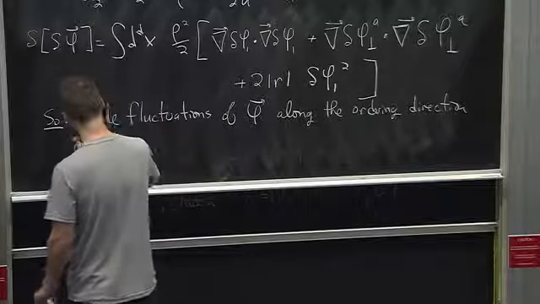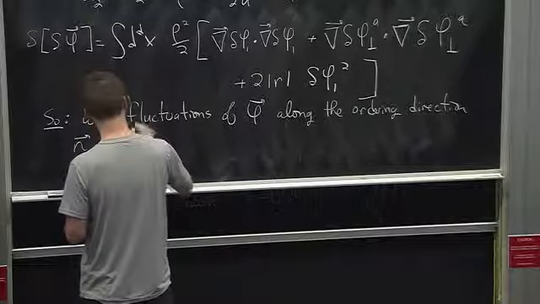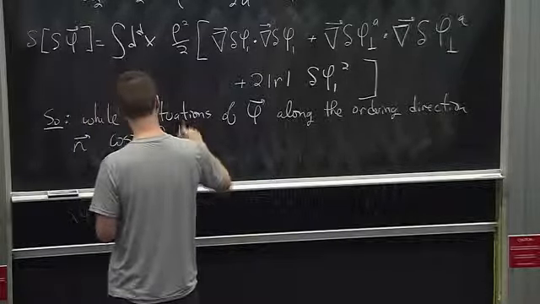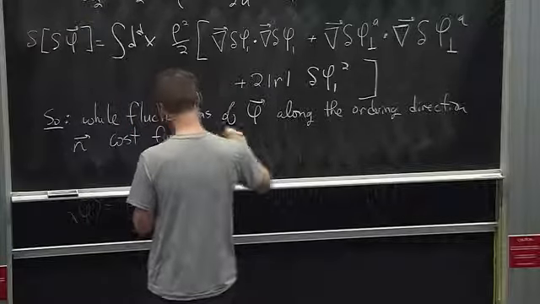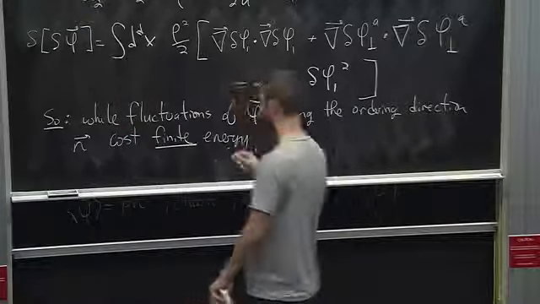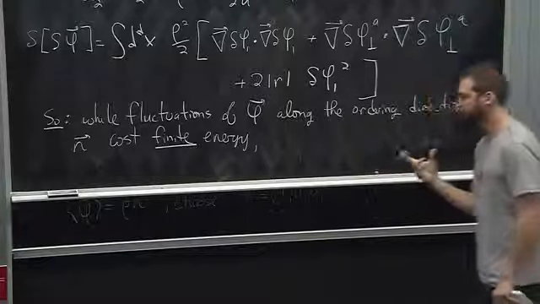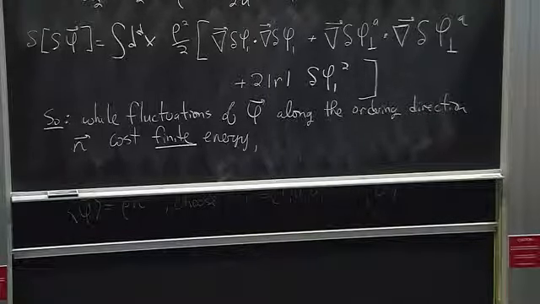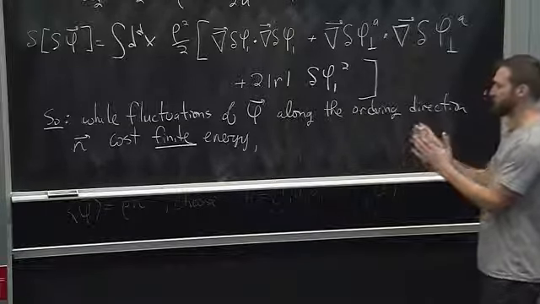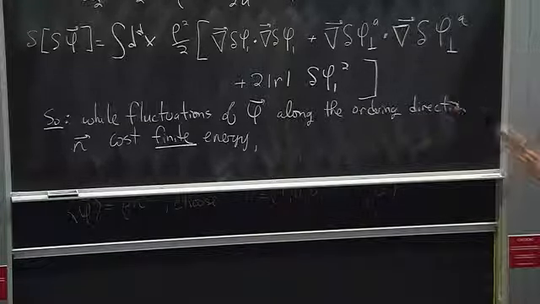Call n the direction. So remember, the fluctuations I'm talking about in those pictures are uniform, right? Because you have a dot product there.